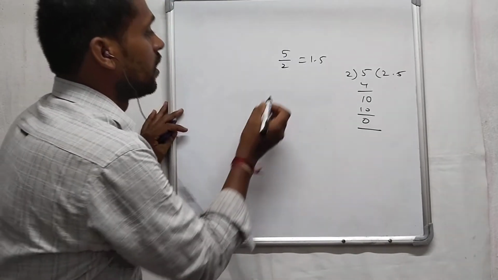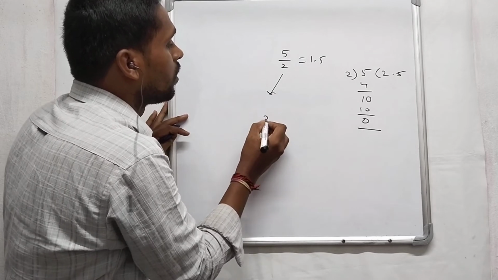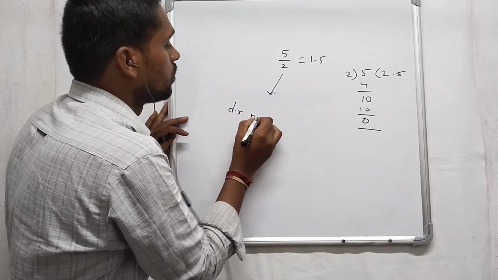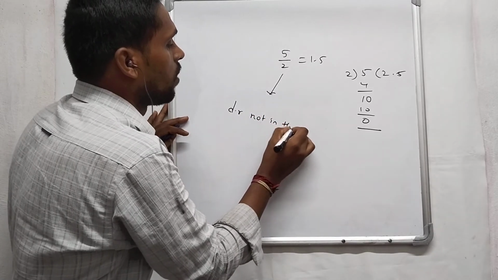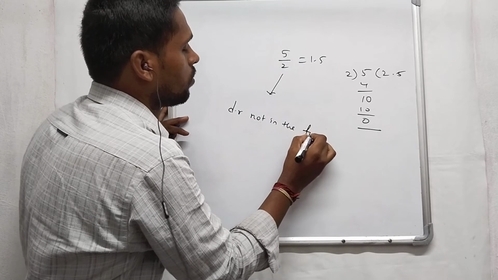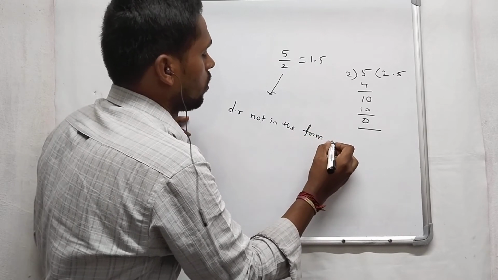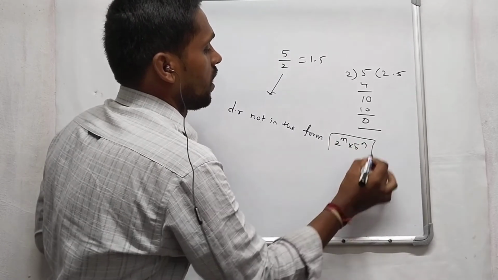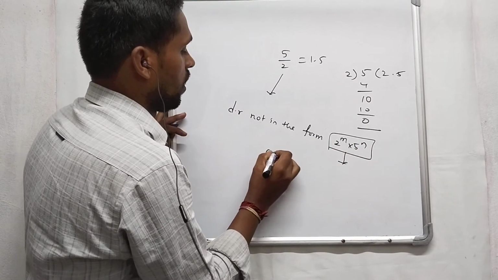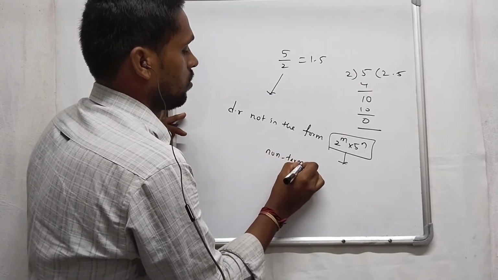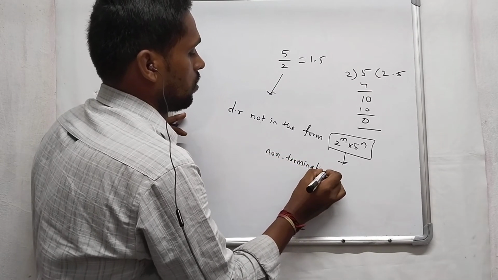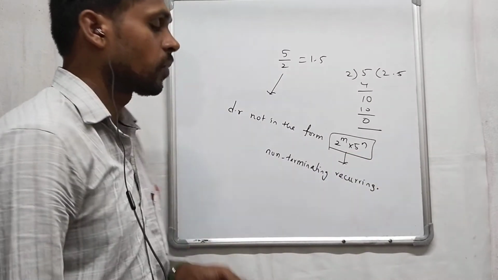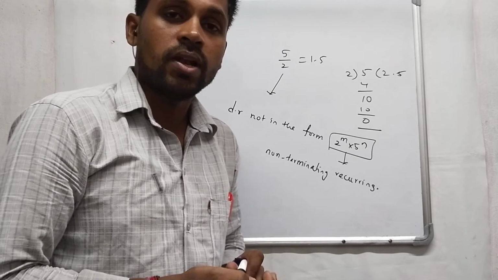This means the denominator is not in the form of 2 power m into 5 power n, then we say it is non-terminating recurring.